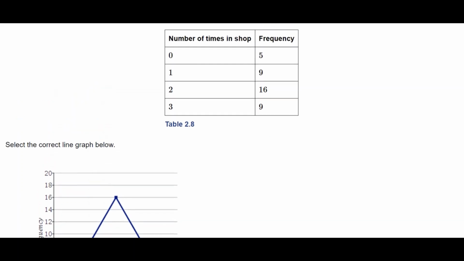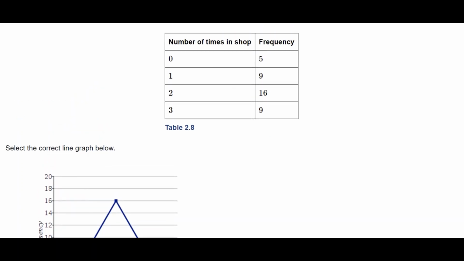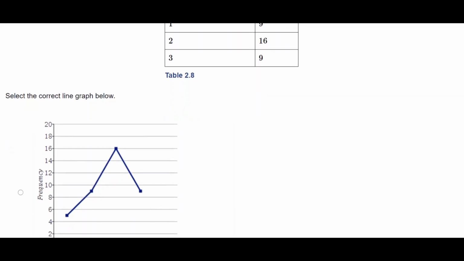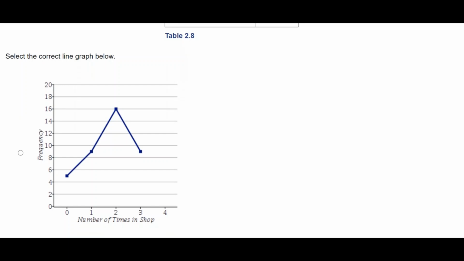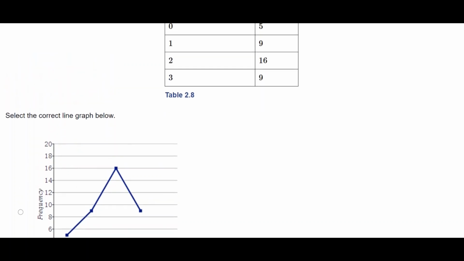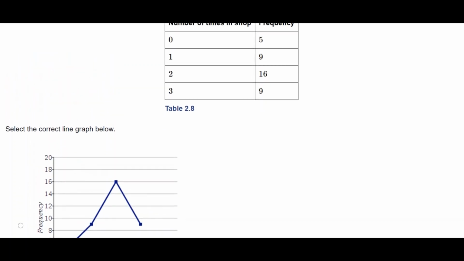Okay, now regarding the information, we see that the 0 number of times stands for 5 people, so this is correct. And the graph shows that the number of people who appear once were 9, which is correct, and the number of people who appear twice were 16.